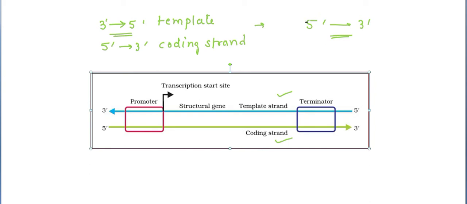So the polymerase works in this direction only, and these are the two strands.